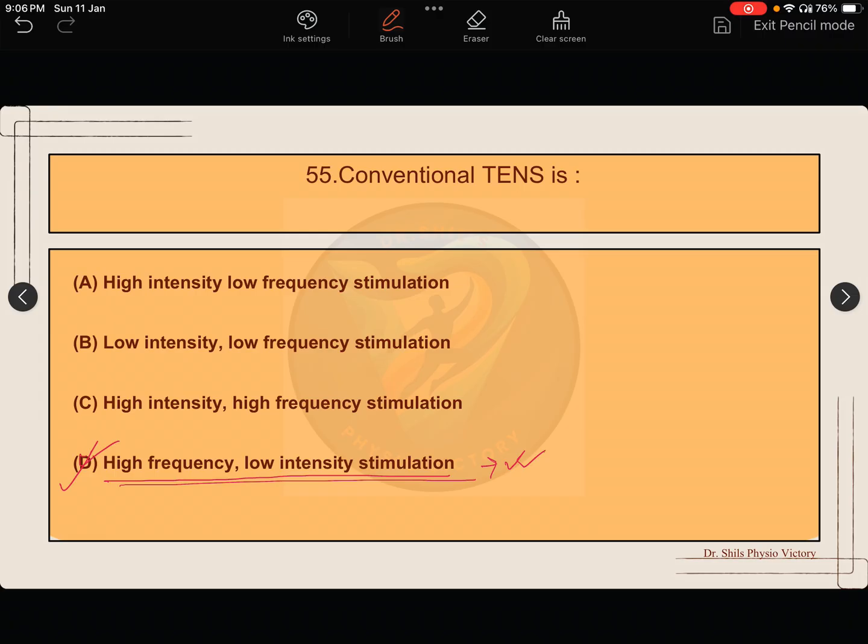It is basically 50 to 100 Hertz or 80 to 150 Hertz, and pulse width 50 to 100 microseconds.